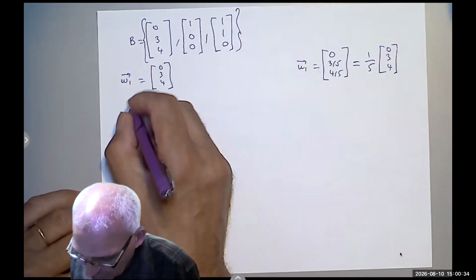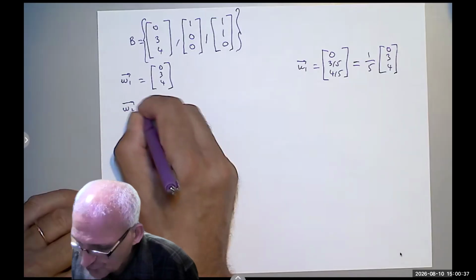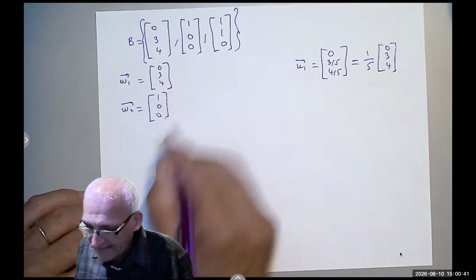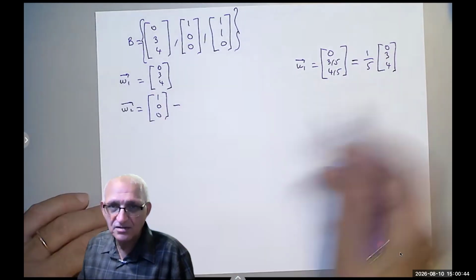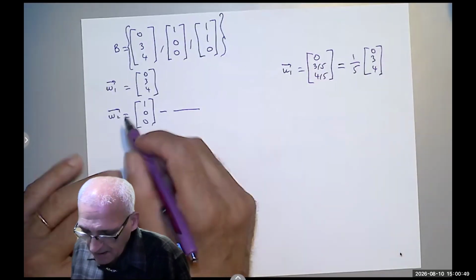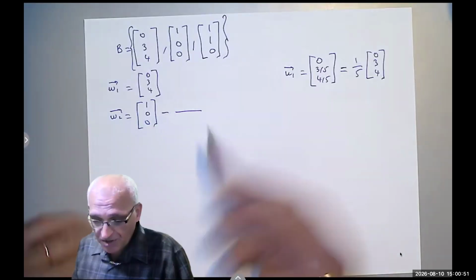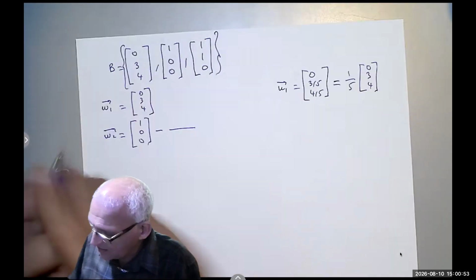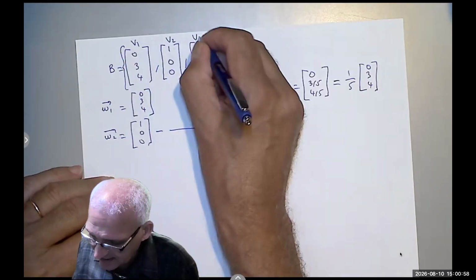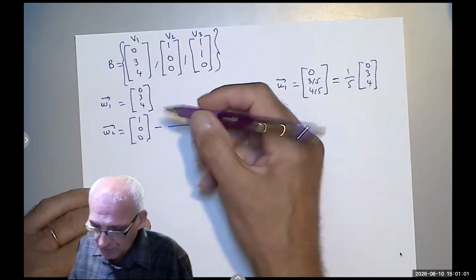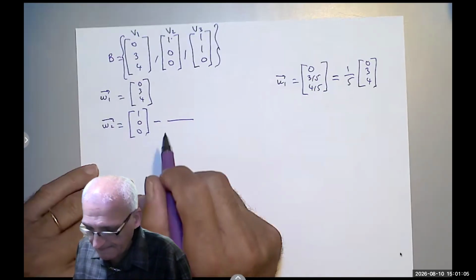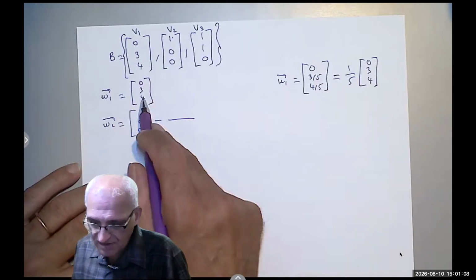Now when I move to W2, I'm going to say W2 equals V2, which is 1, 0, 0. And I'm going to use the W, not the U, just to make it the long way, so to speak. I'm not going to write the equation, you already know it. Because I called this V1, this V2, and this V3, it's V2 dot V1, or dot W1, since W1 is the same.